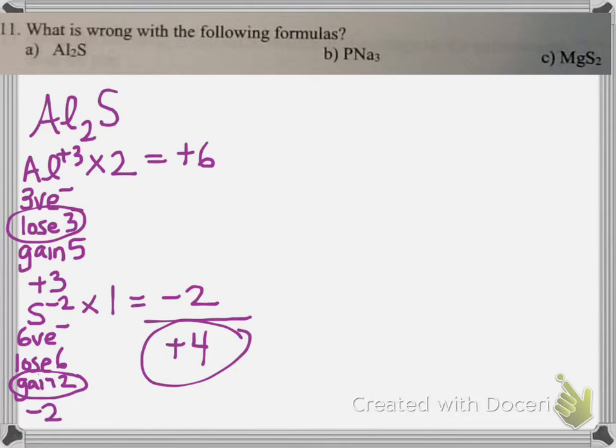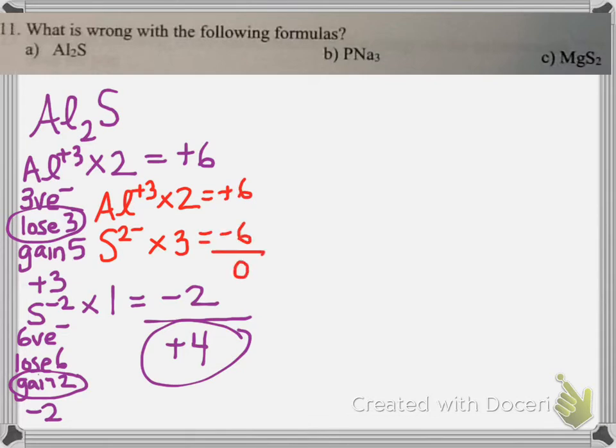If these each have a positive 3 charge, and these each have a negative 2 charge, the common charge I could get for both of them would be 6. I would need 2 of these and 3 of these, right? So that would give me a plus 6 and a negative 6, which would give me a 0. So my formula should be Al2S3.